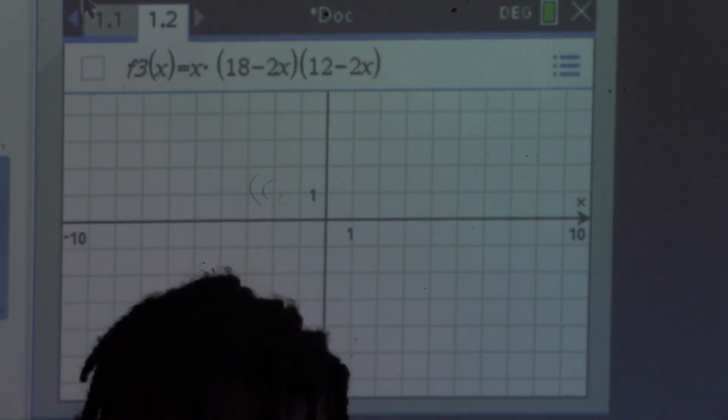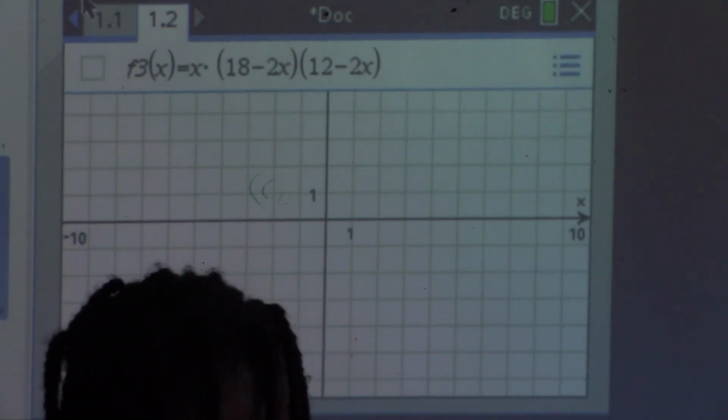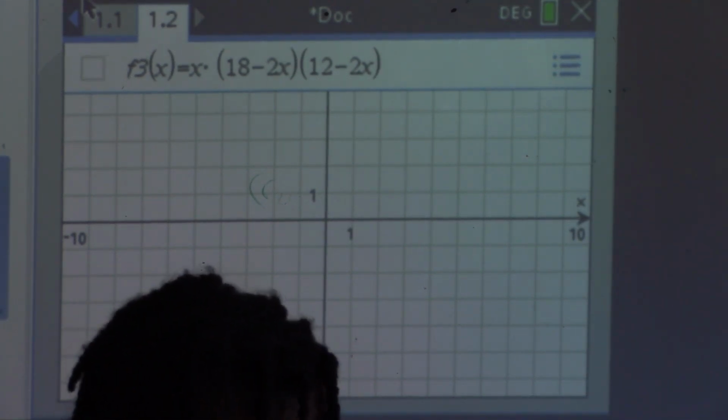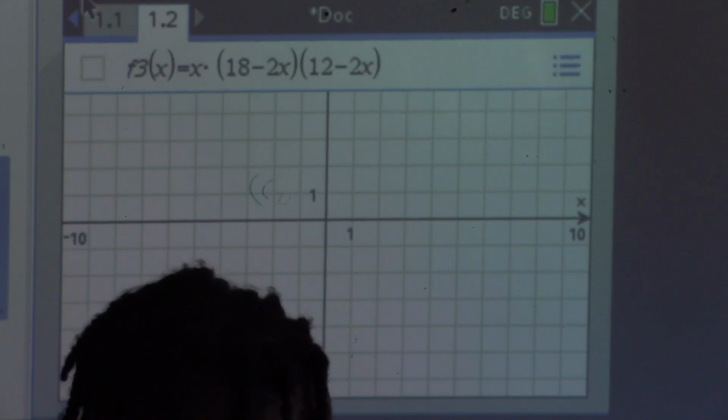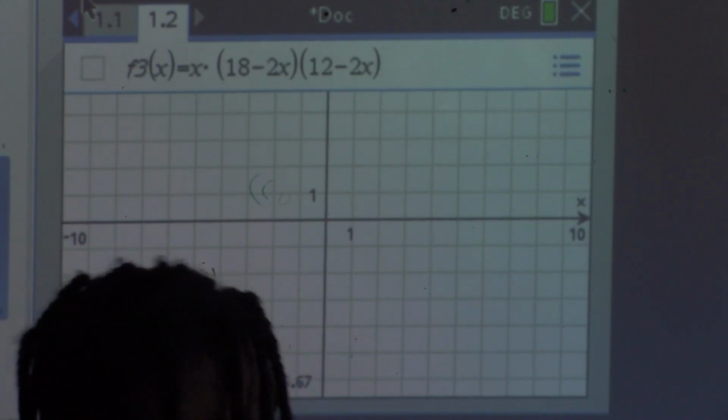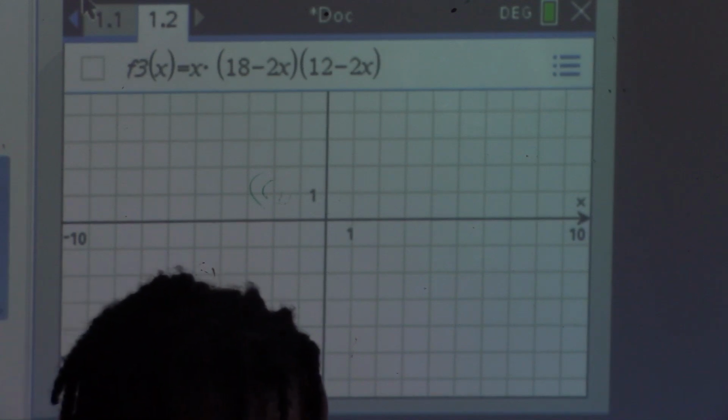How do I type my equation in? Type the equation in. Look, it just restarted. How am I supposed to type it in? Remember I said you're going to have to put the multiplication symbol. It doesn't understand that.